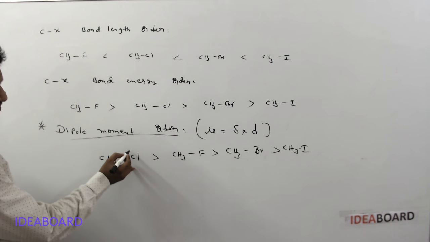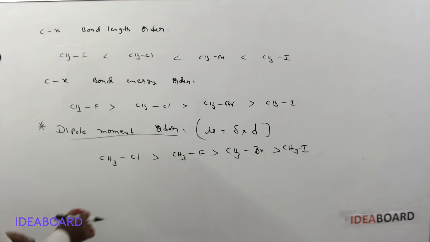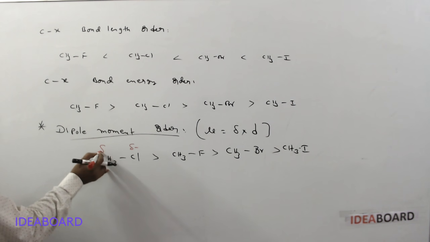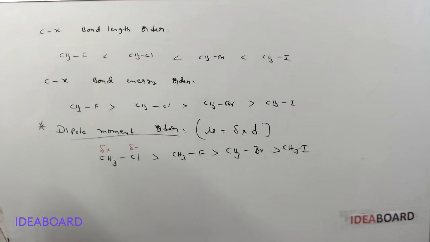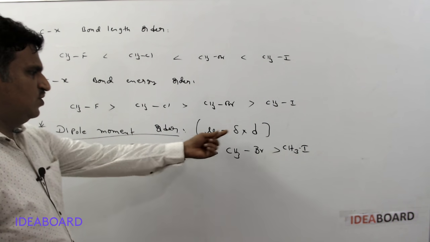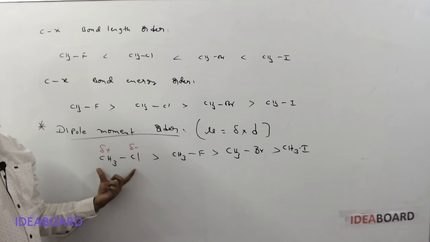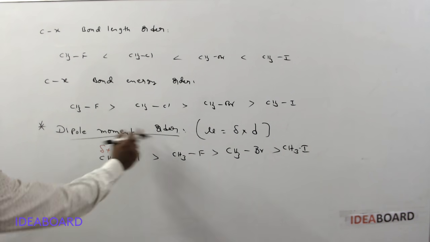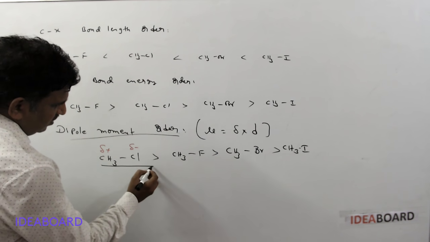Chlorine has a partial negative charge and carbon a partial positive charge, because chlorine is more electronegative than carbon. So the charge on any one of the poles and the distance between two atoms, the bond length, determine the dipole moment.